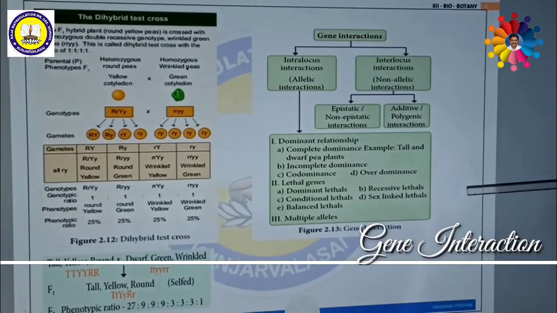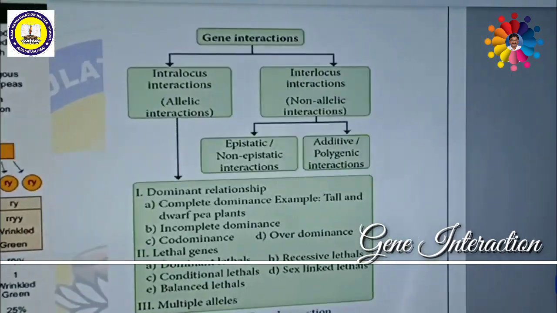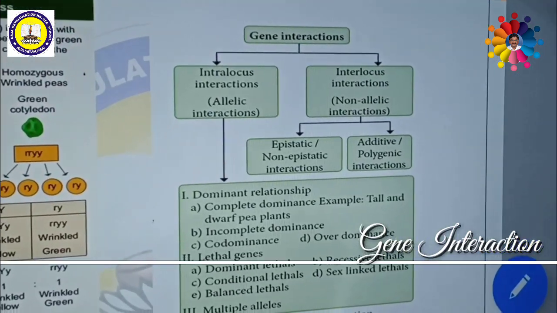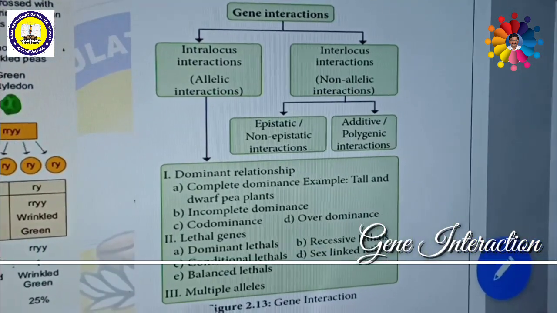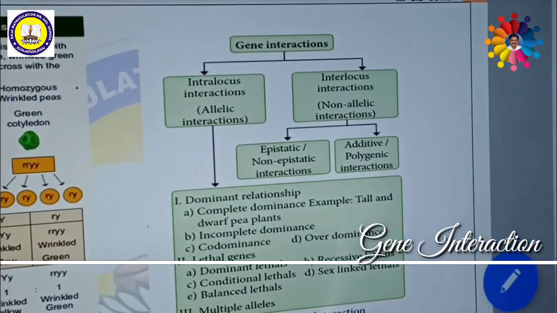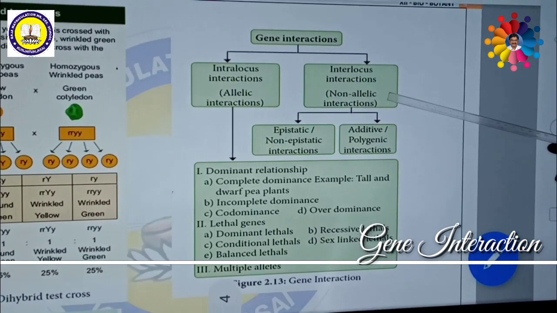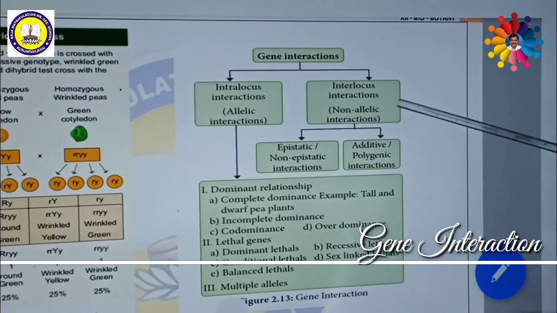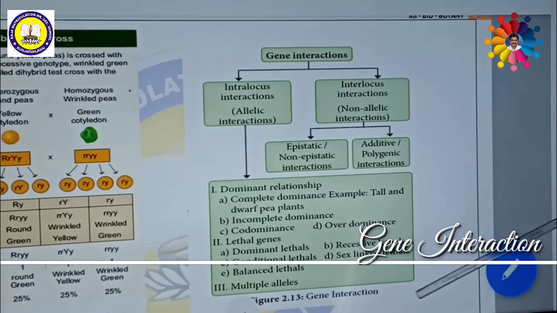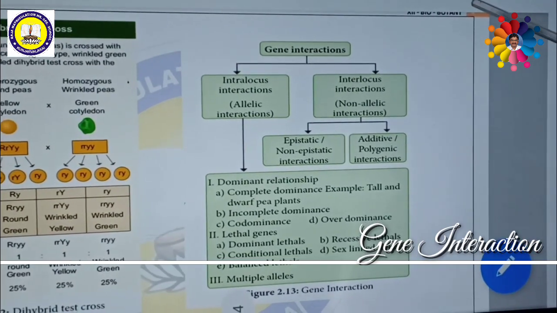But here in gene interaction, a single trait is determined by more than one gene. A single phenotype determined by more than one gene is called gene interaction.